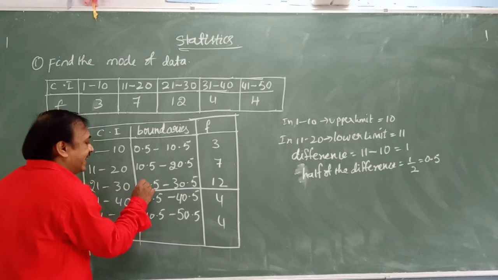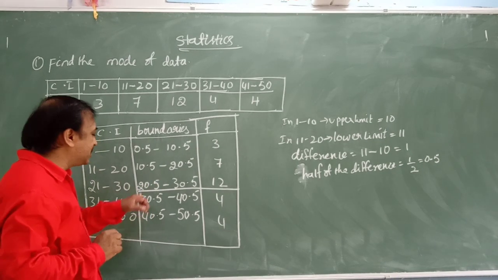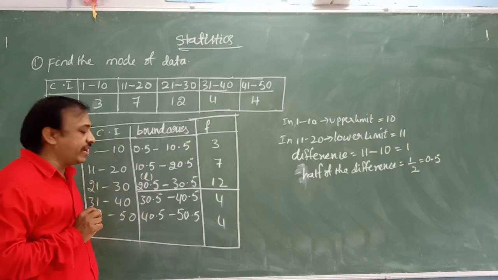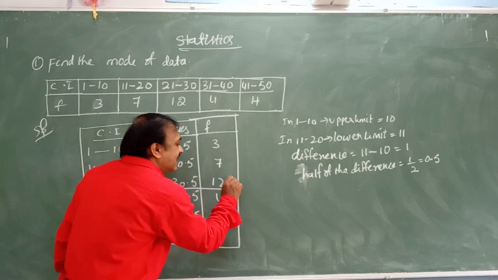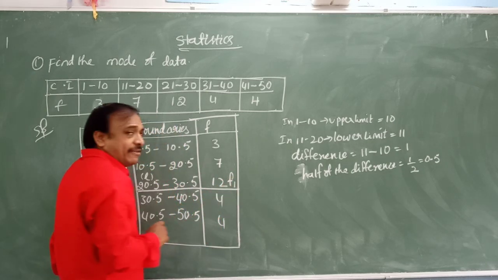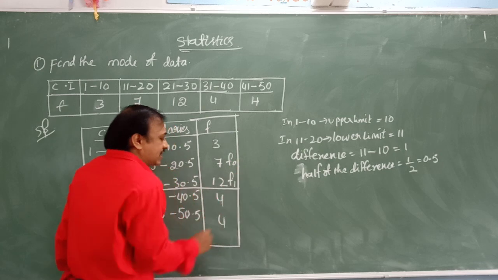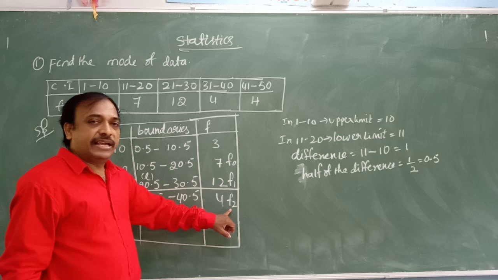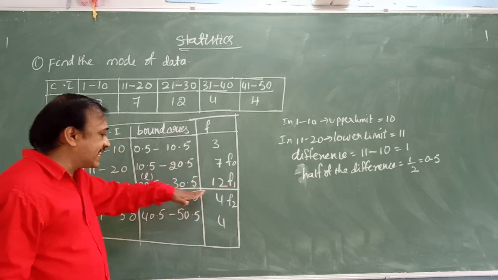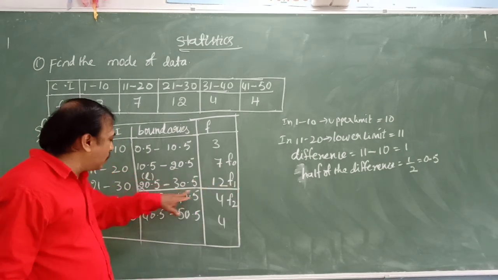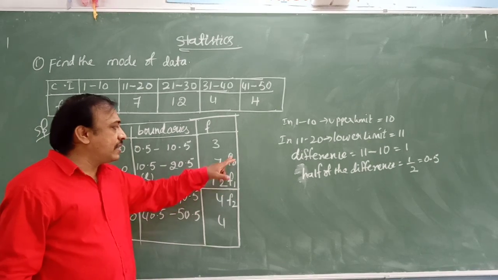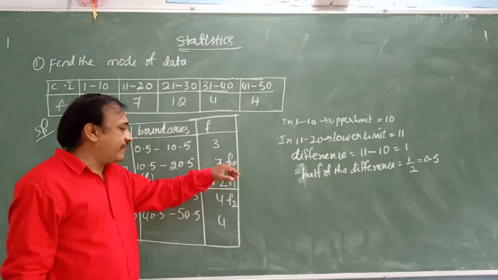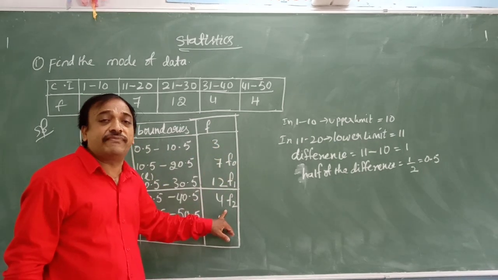Now which is the lower limit? 20.5, so write here as L. 20.5 is L. Then this is f1. Above is f0, below is f2. The highest frequency modal class interval that you underline, that is f1; above that, the preceding class frequency is f0, the succeeding class frequency is f2.